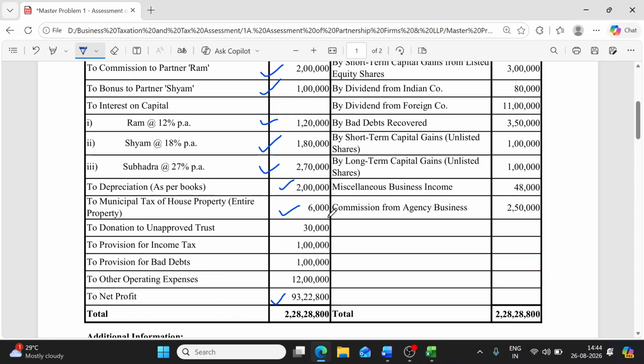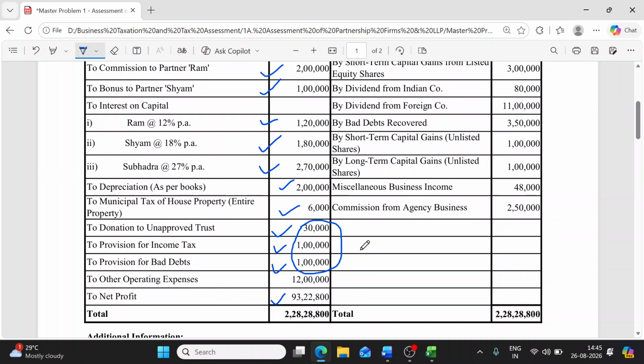Okay. Now the next item in the problem is donation. Here the donation is given to an unapproved trust. Next is provision for income tax, and after that there is a provision for bad debts. All these three are not business expenditures, so these three should be disallowed and added back again in the net profit to find out the book profit.